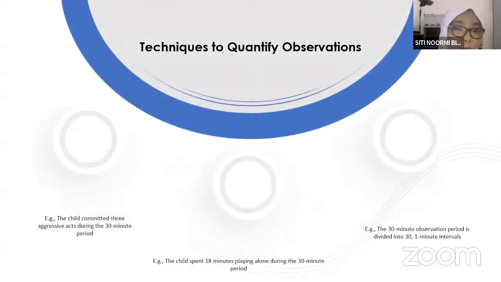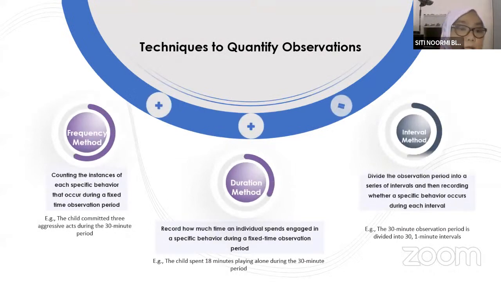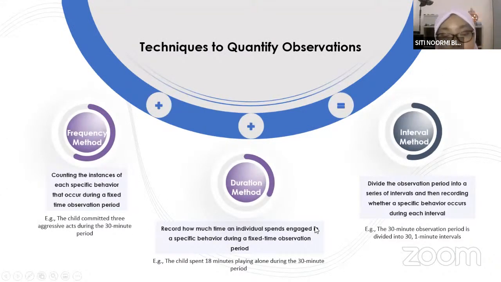Now, the techniques to quantify observation. There are three recommended techniques we can use. The first is the frequency method, in which we count the instances of each specific behavior that occur during a fixed observation period. For example, the child committed 3 aggressive acts during a 30-minute period.